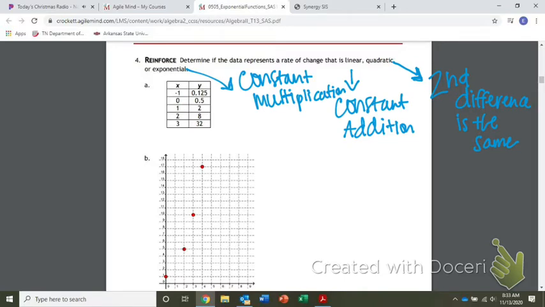All right, so on the first one, let's look at the whole numbers. How are they getting from 2 to 8 or 8 to 32? They're multiplying by 4. So put in your calculators, 0.125 times 4.